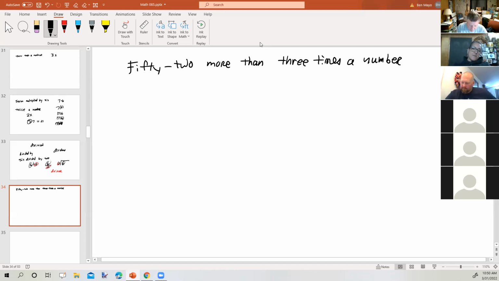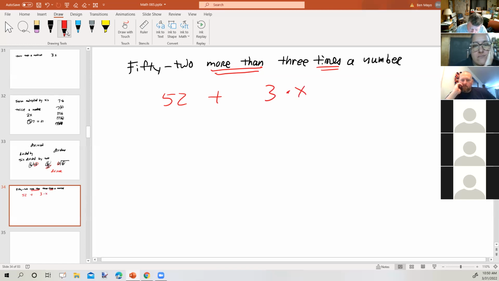The key phrases here are more than and times. What does more than mean? What operation? Addition. Excellent. What does times mean? Multiply. Okay, so we've got 52 more than 3 times a number.